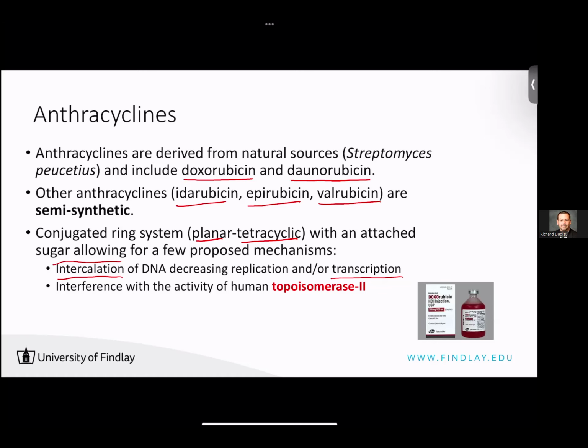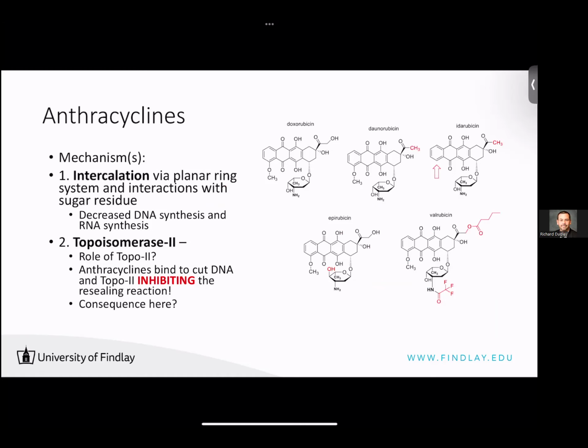Now, while that might account for some of the action of the anthracyclines, probably the most important mechanism to help describe its cytotoxicity ends up being the ability of the drugs to inhibit human topoisomerase 2. So on the right side of the screen, you see a sampling of the molecules, doxorubicin and daunorubicin in particular. And then we have idarubicin, valrubicin, and epirubicin.